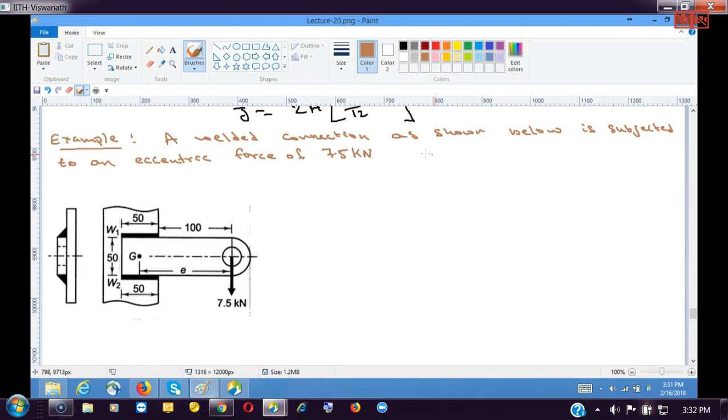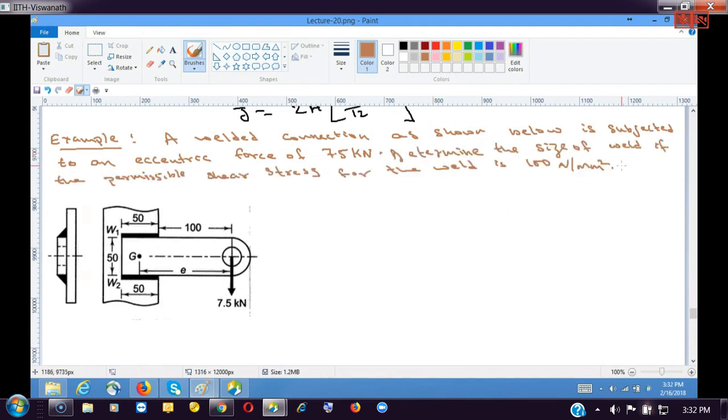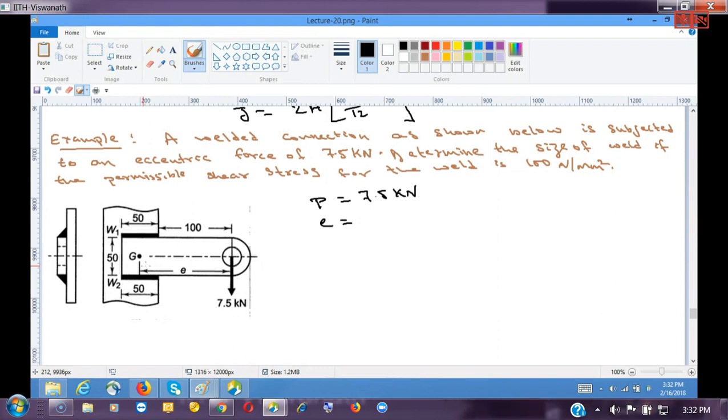So in this case, our P is equal to 7.5 kilonewtons. E, if you measure it, is 25 in this place, which is half of 50, plus 100, so 125 mm. Next, our tau is equal to 100 Newton per mm square.